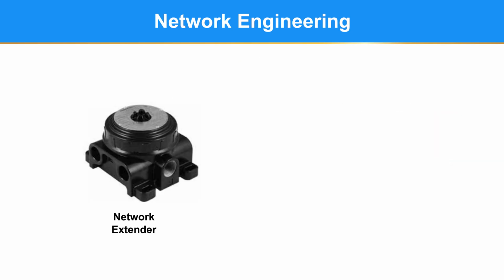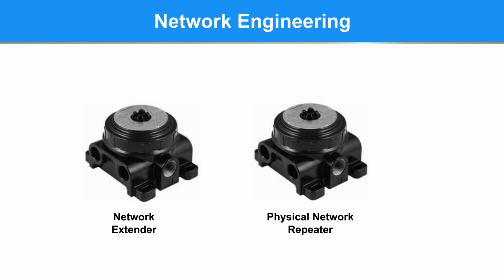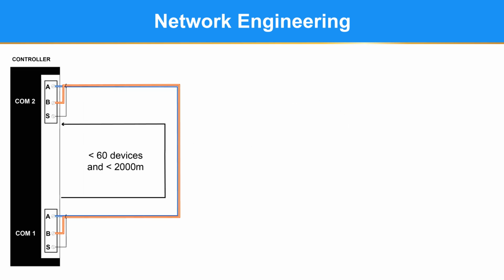There are devices such as a network extender, used to condition or sharpen communications that can become small and distorted, and there are repeaters that are just used to repeat communications, that can help in these situations. Here are the general rules for network extenders and repeaters for highly populated networks or networks with long cable runs or both.